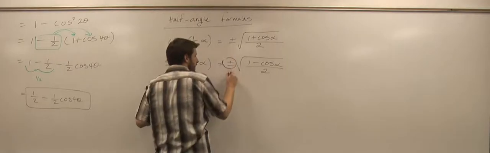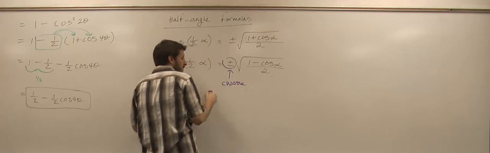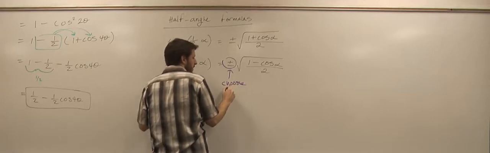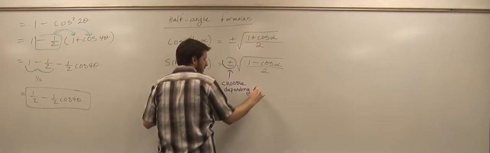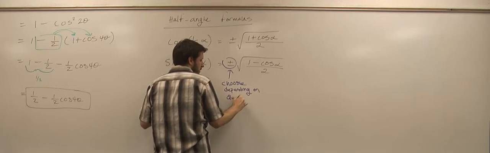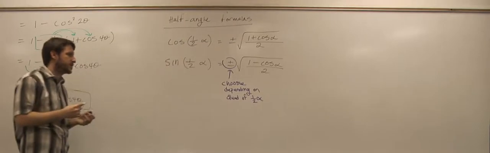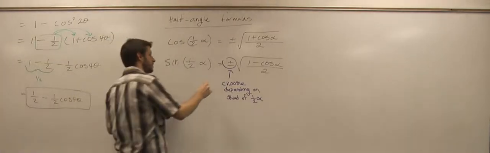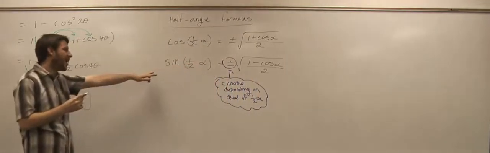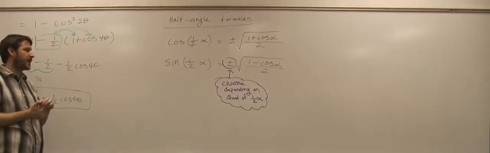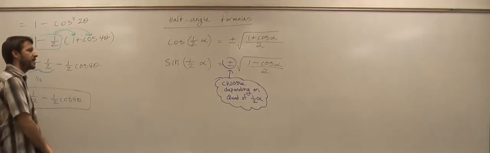You choose this sign depending on the quadrant. You have to make the choice manually. Choose depending on the quadrant of 1/2 theta. Or 1/2 alpha, I guess, since I call it alpha. If half of this angle alpha ends up landing in the 3rd quadrant, then you know sine will be negative because it's in the 3rd quadrant.